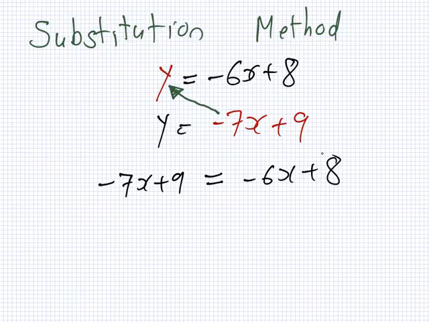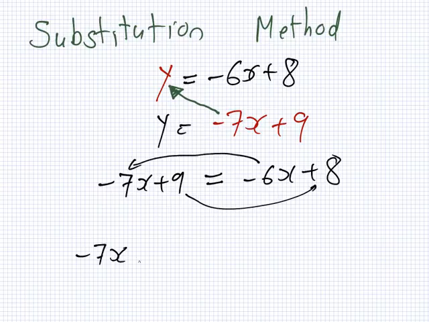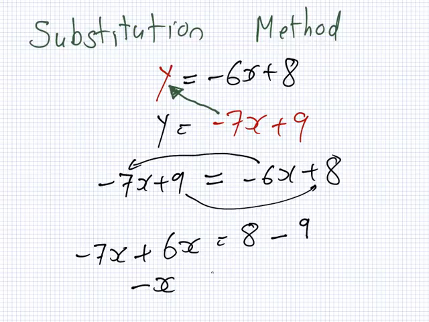It's like they swap. So if I bring this over here and bring this over here, minus 7x plus 6x equals 8 minus 9. What's this? Minus x equals minus 1. So x equals 1.